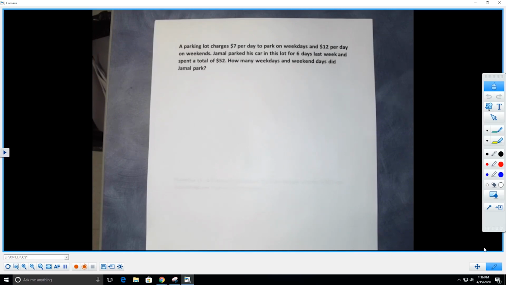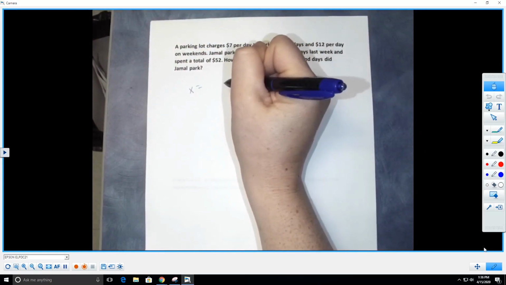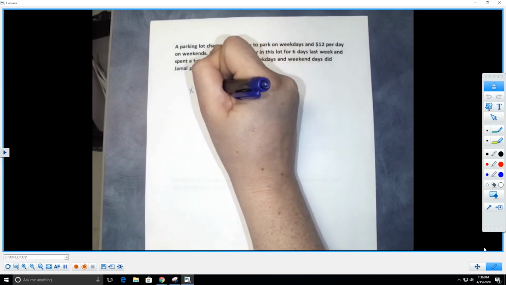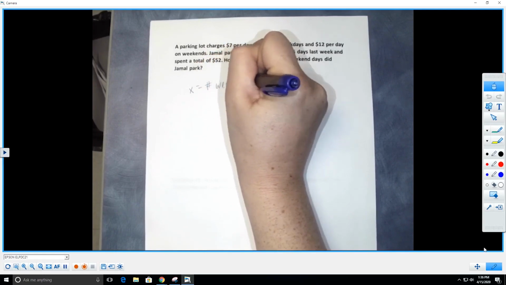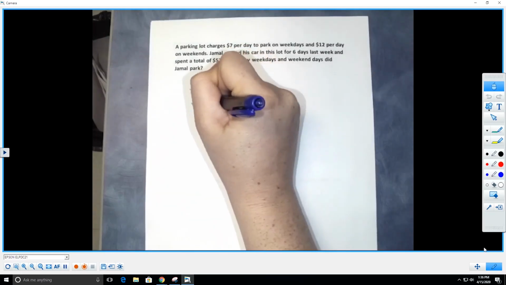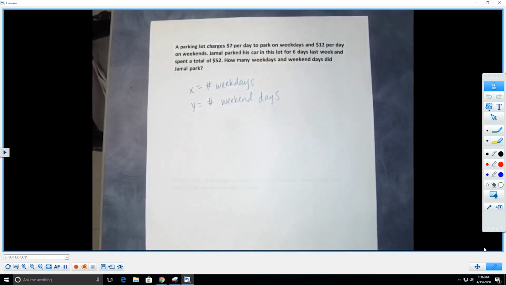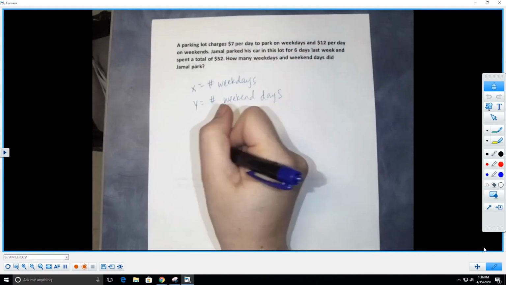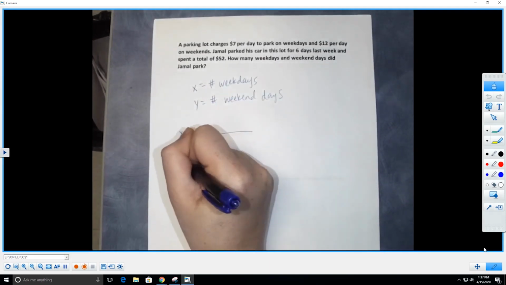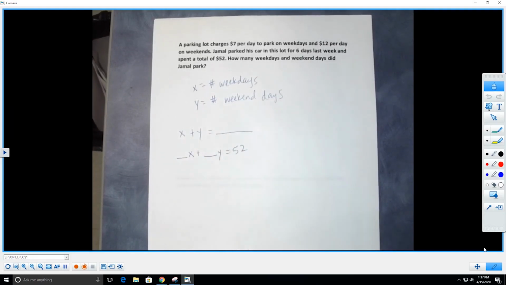Here I've got a system of equations where x is going to be equal to the number of weekdays and y is going to be equal to the number of weekend days. Can you fill in the blanks? Write this on your own paper and finish it. So x plus y is equal to blank, and then blank x plus blank y is equal to 52.